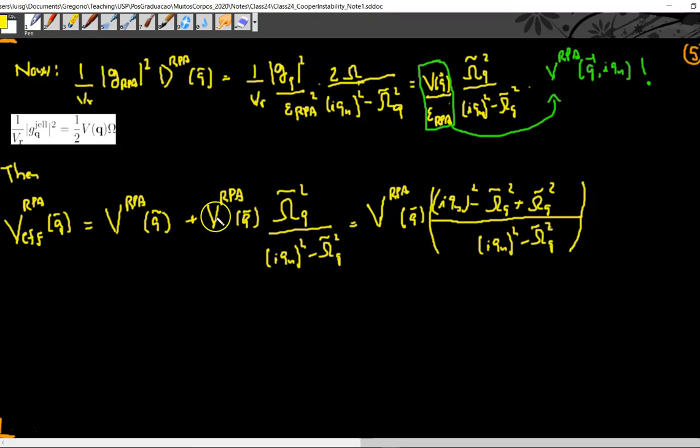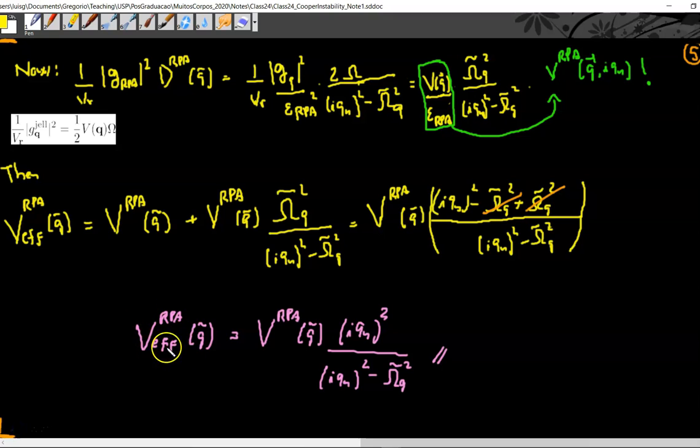So putting VRPA in evidence here, there's going to be 1 plus this omega q squared over iQn squared minus omega q squared. These two will cancel, and I get this. VRPA effective equals VRPA times iQn squared divided by iQn squared minus omega q squared, which is the final result that we had in the slide. So this is a rather simple expression.